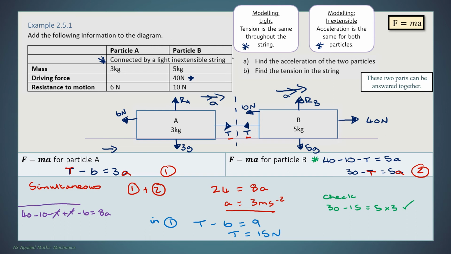If that doesn't make sense, don't do it that way. I would stick with this, because the problem with doing it that way is you still need to find the tension in the string, so you still have to set up one of these 2 equations. So you still have to write 2 equations, whichever way you choose. The only advantage to doing it this bottom way is if you're just asked for acceleration and not tension. Otherwise, I'd recommend going for the 2 particles.